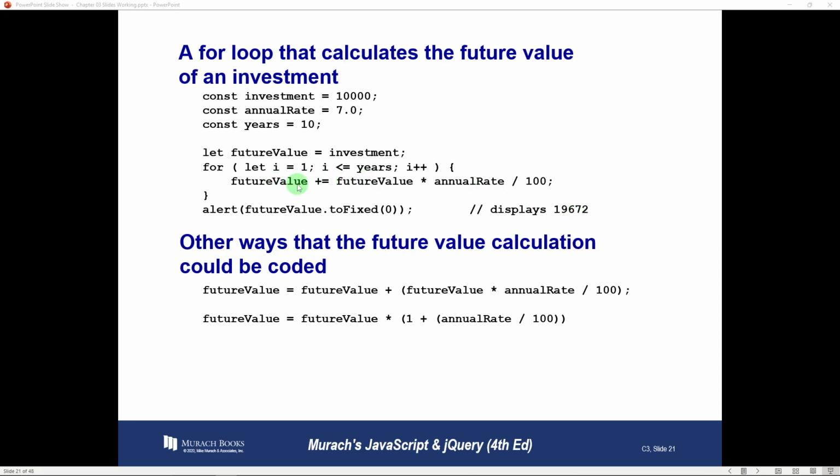So this future value accumulates. It starts at 10,000 in this case, and it accumulated interest every year for 10 years as this loop executed 10 times. And then when we're done, we print out the future value, and that toFixed(0) means we're not going to print any decimal places on it.